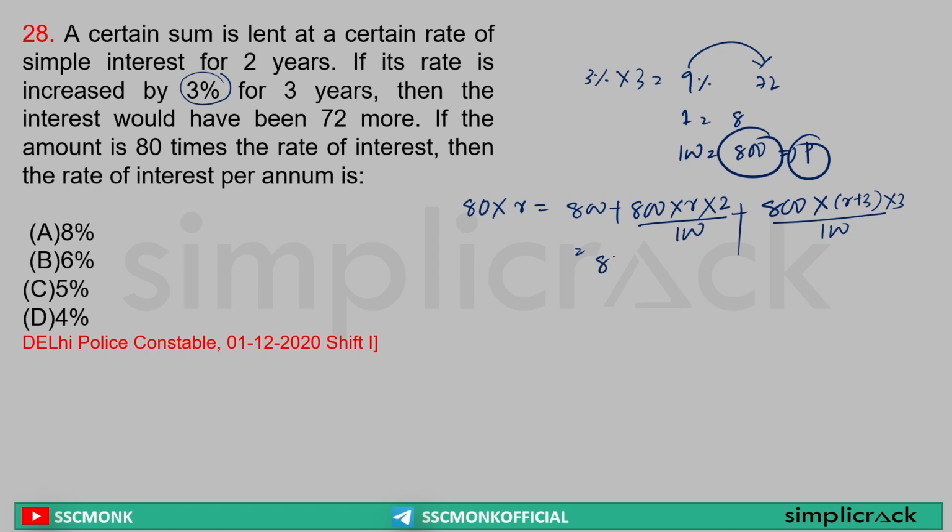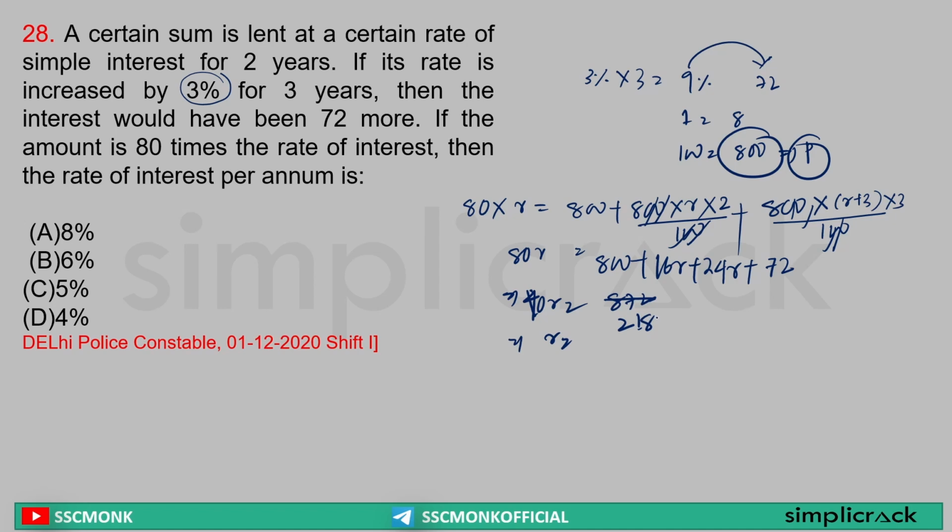Sir, I can write here 800 plus zeros crossed out, that is 16R, plus zeros crossed out, that is 24R plus 72. 24R plus 72 is equal to 80R. So 80R minus 40R is equal to 40R, which is equal to 872. Or I can write R is equal to, 4 2s are 8, 4 18s are 72.